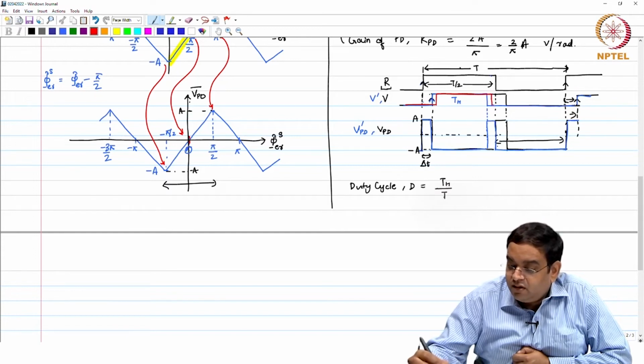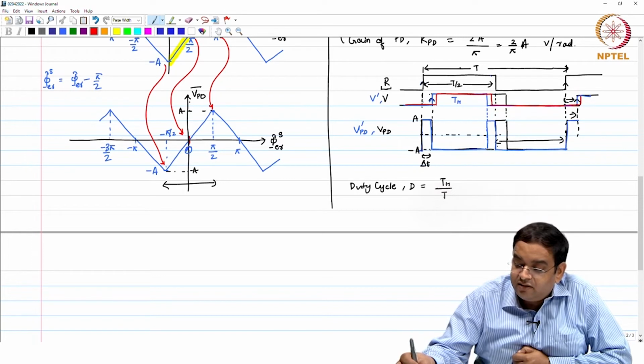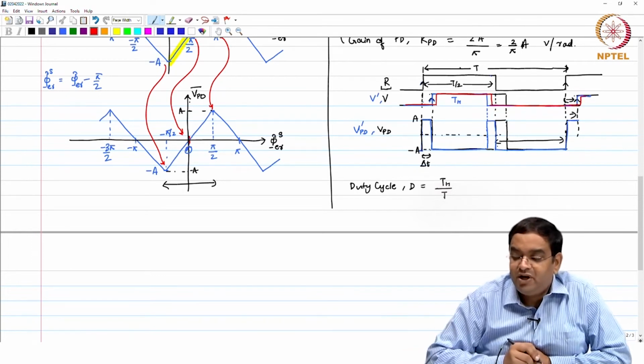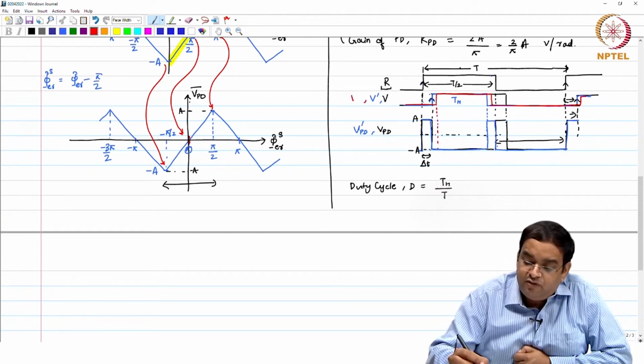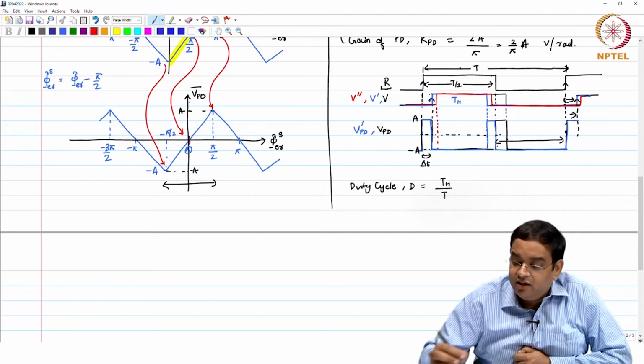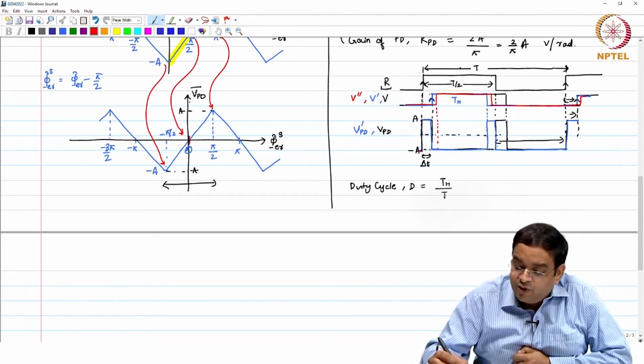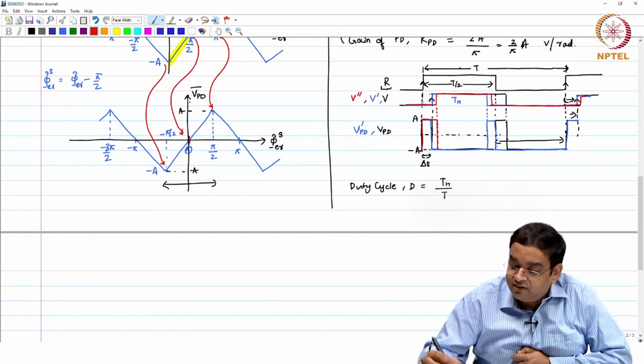So, what do you see? The output will be like this. It is now going to be periodic in T rather than T by 2. So, I have shown you another waveform, let us call that V double dash. Okay. In response to V double dash, you are going to see your V_PD double dash like this.